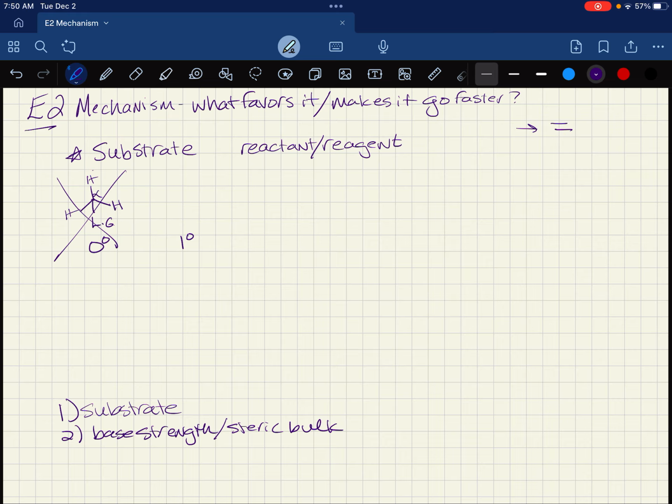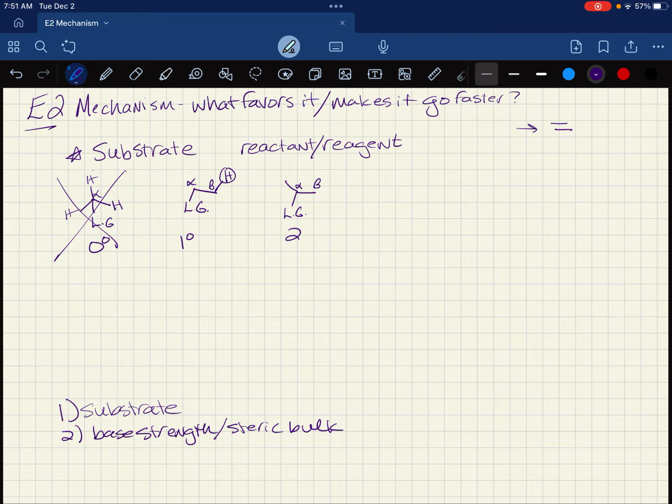All right, next one is primary. So here would be the alpha carbon, and then this would be the beta carbon where we would remove the proton. So this would work okay. Secondary, we have the alpha carbon in here.